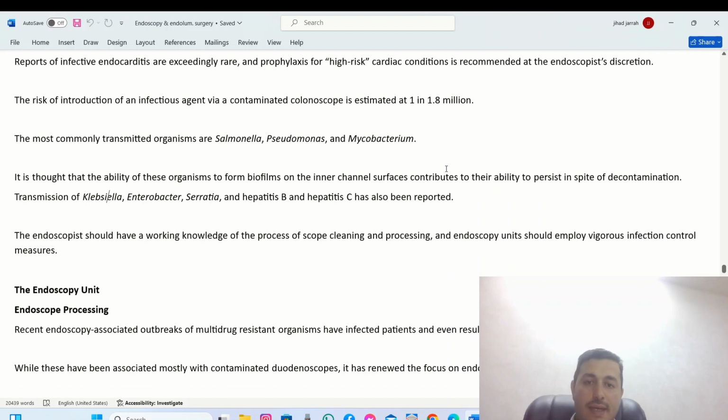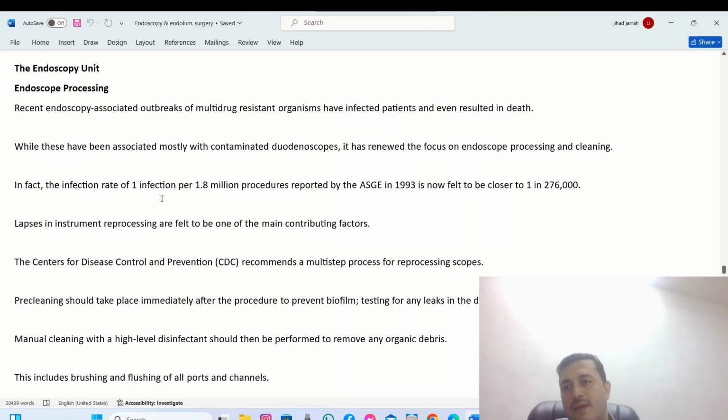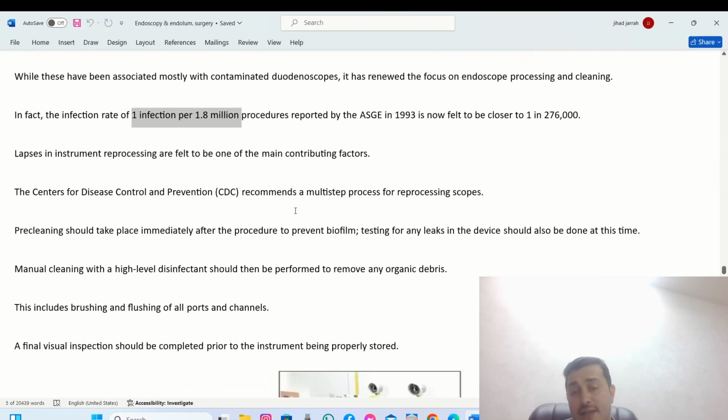So the surgeon or endoscopist should be familiar with the cleaning and processing of the colonoscope. Cleaning or processing of the endoscope is actually more associated with the duodenoscope, and we said the rate is 1 infection per 1.8 million procedures. It's advised that processing be a multi-step process.